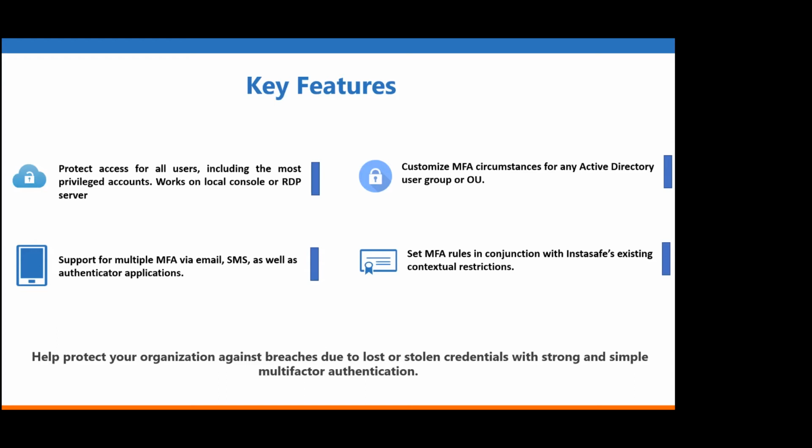In addition to that, InstaSafe is currently in the process of launching its own authenticator application, which would enable single click verification by a push notification as well. The Windows credential authentication is in addition to InstaSafe's existing contextual restrictions such as geo-based access control or role-based access control mechanisms, and access based on device security posture.